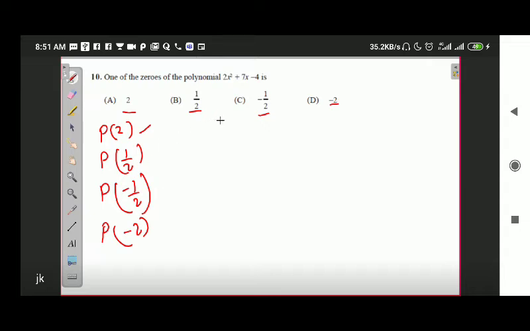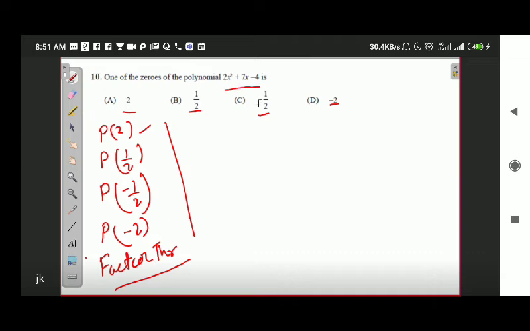In this manner we can easily determine which of the options is correct. This is one way, the factor theorem. Or we can do another thing.